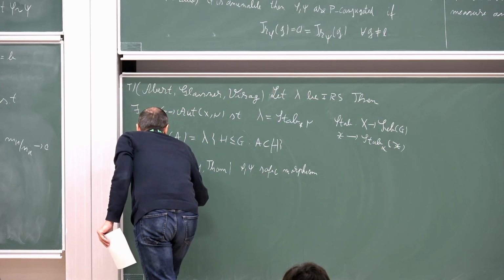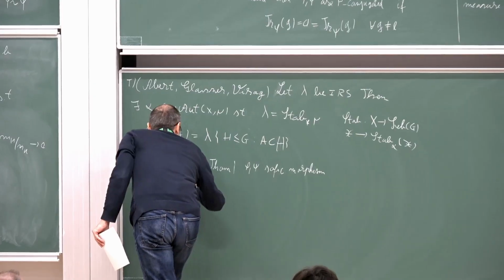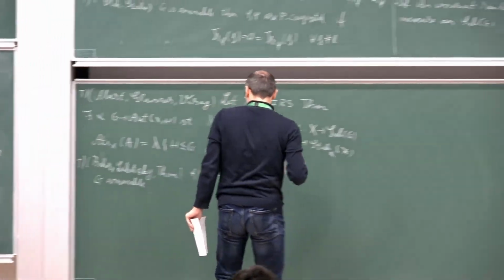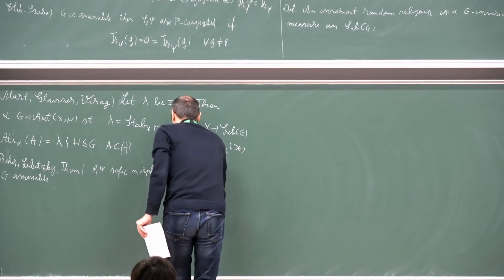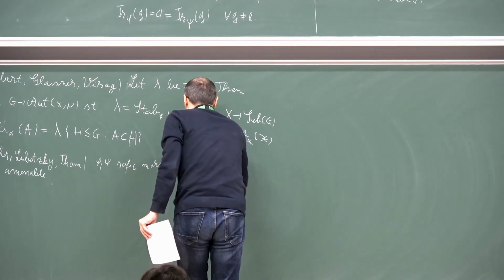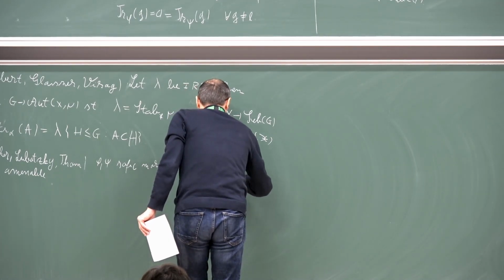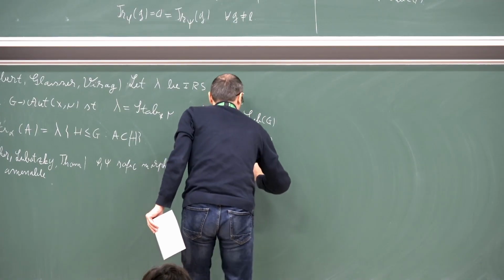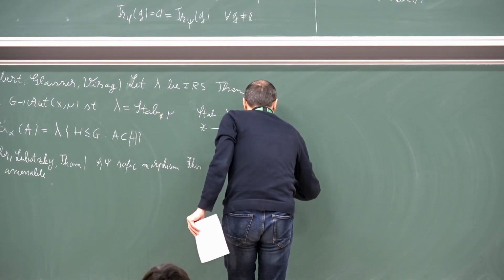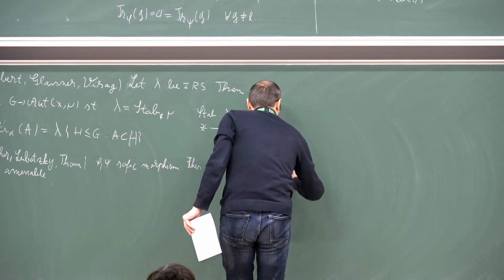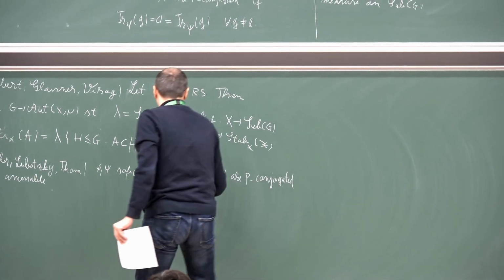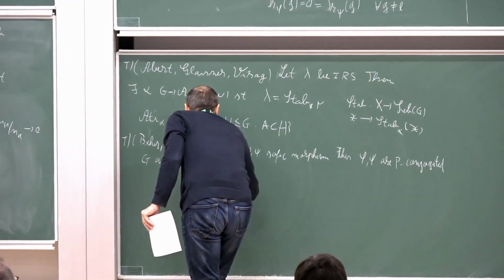We really need amenability. G amenable, two sophic morphisms, then phi and psi are P-conjugated if and only if they have the same action trace.